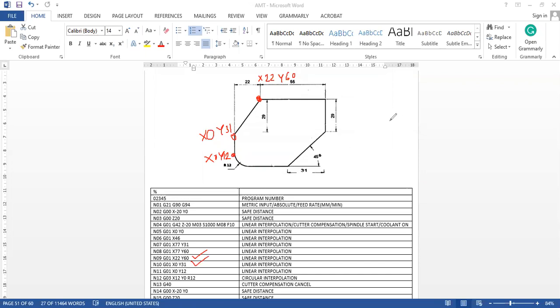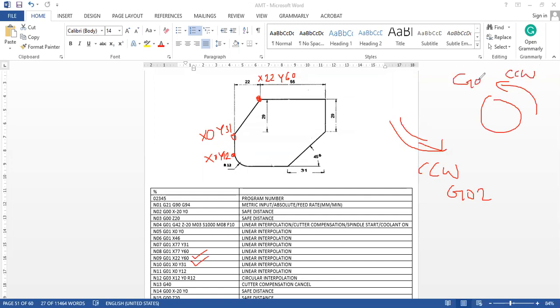Then next is tool circular interpolation. Sorry, not clockwise, counterclockwise. So this is the tool direction, in this direction, that is counterclockwise. That is G03.